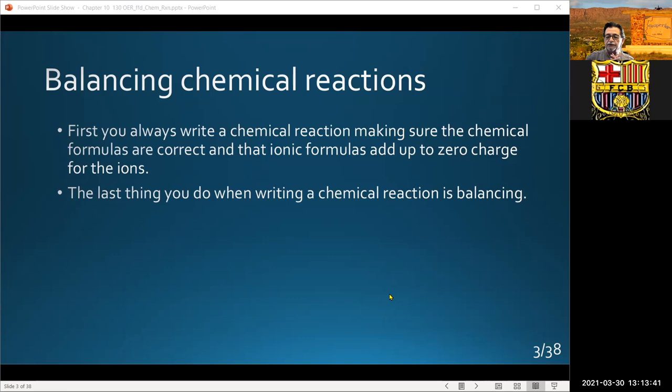Some of these processes of balancing a chemical reaction, unfortunately, are basically trial and error. So you put a number, a coefficient, and we'll get some examples, and say, okay, let's try 2 here and see how that works. We start off with reactants and then move over to the products and put a number there.